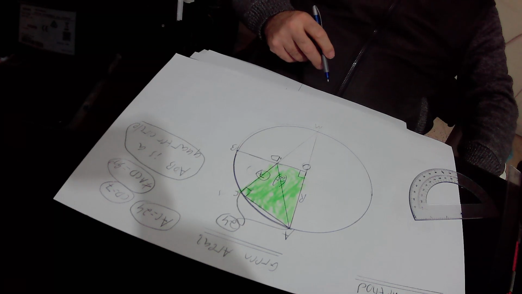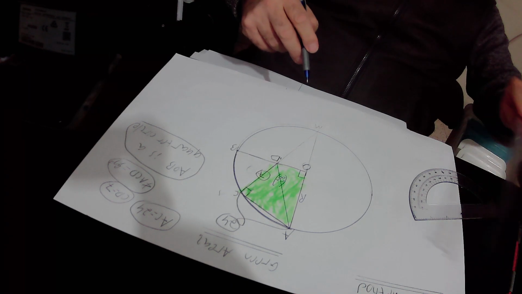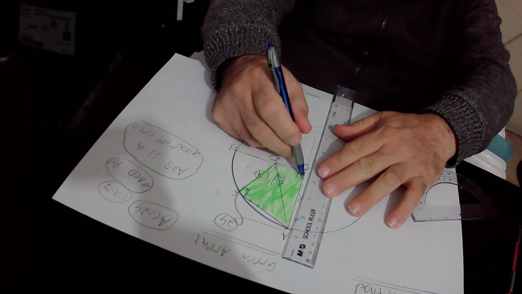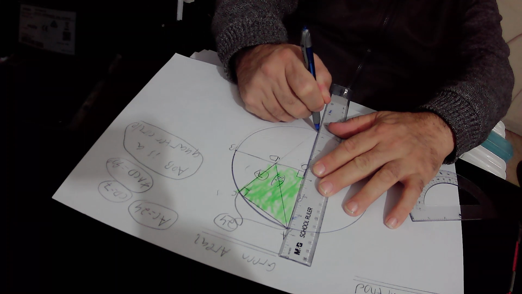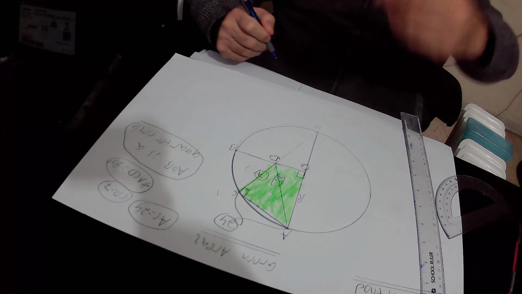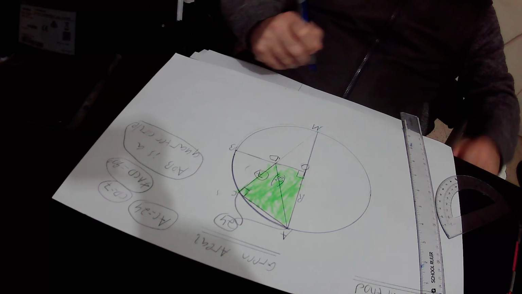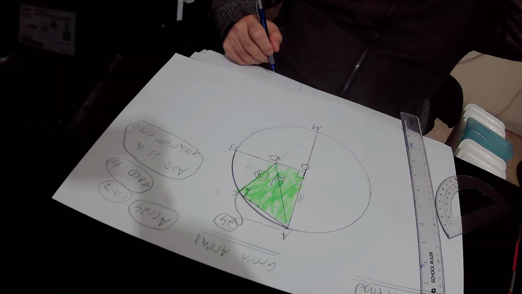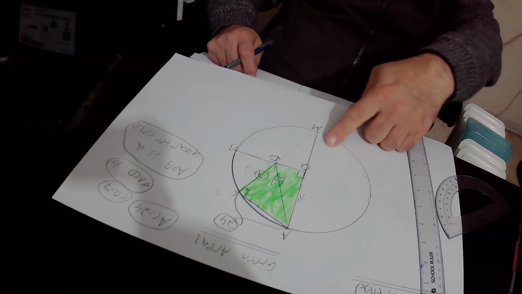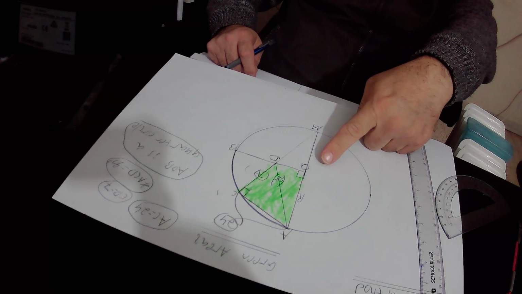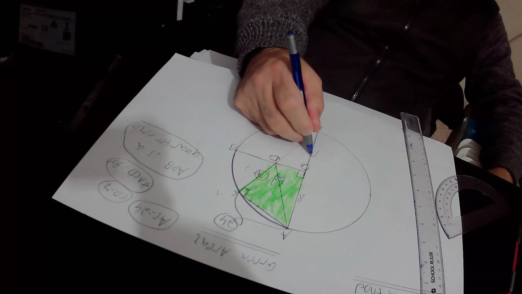In the next step, we will extend the radius AO by a straight line until it touches the circle, and we will define the touching point of the extended radius AO and the circle as M. Here point O is the center of the circle, point M is a point on the circle itself, therefore OM is also the radius of this circle, that is equal to R according to our definition.